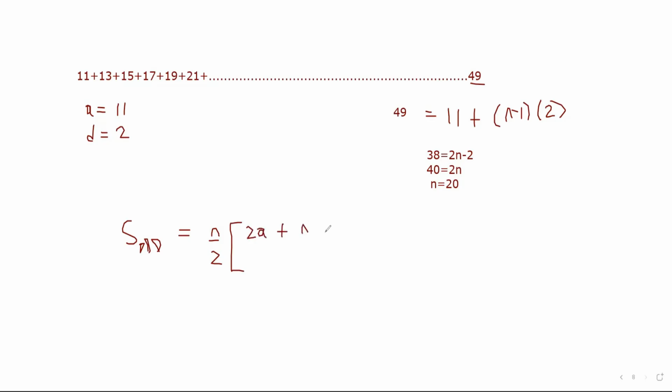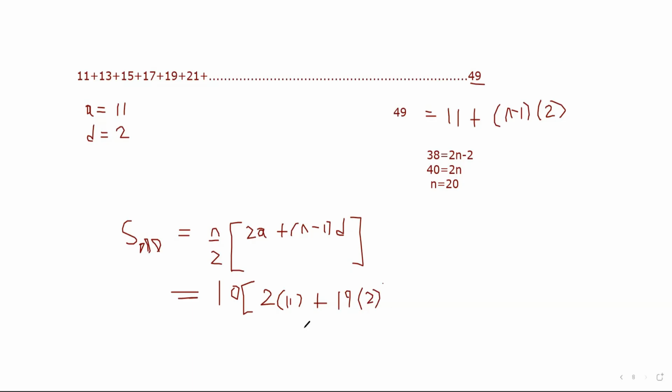This is a formula we're using. And so this is going to be equal to n, which is 20, over 2, which is 10, times in bracket 2a, which is 2 times the first term of 11, plus n minus 1. This is now 20 minus 1, which is 19, times the common difference of 2.